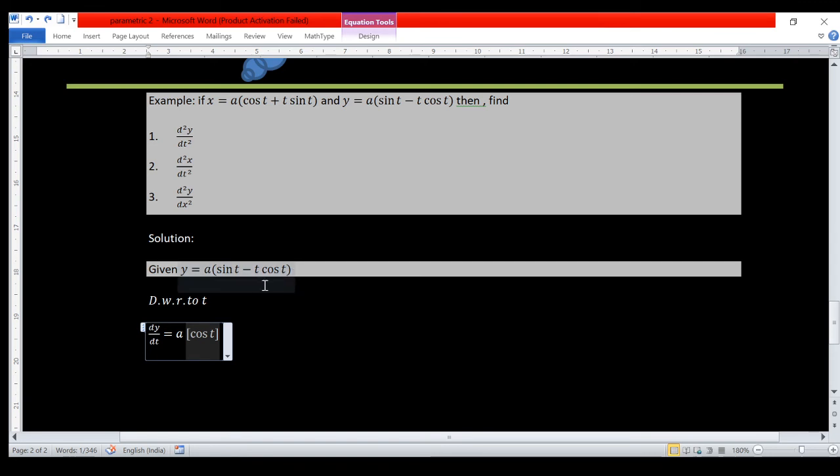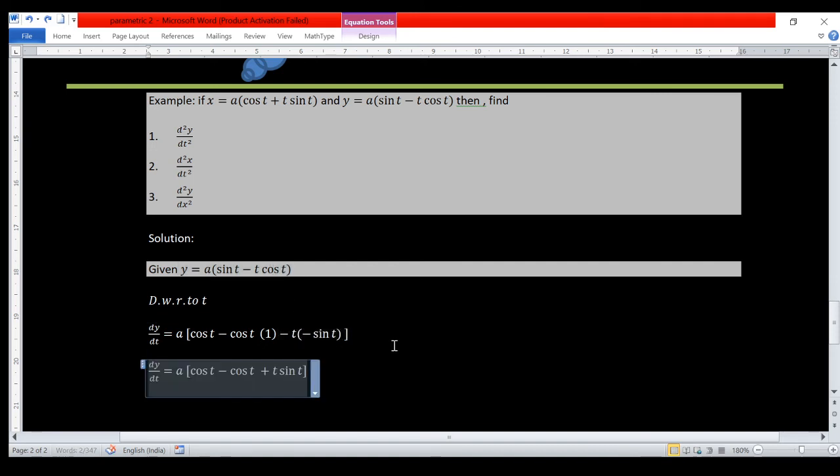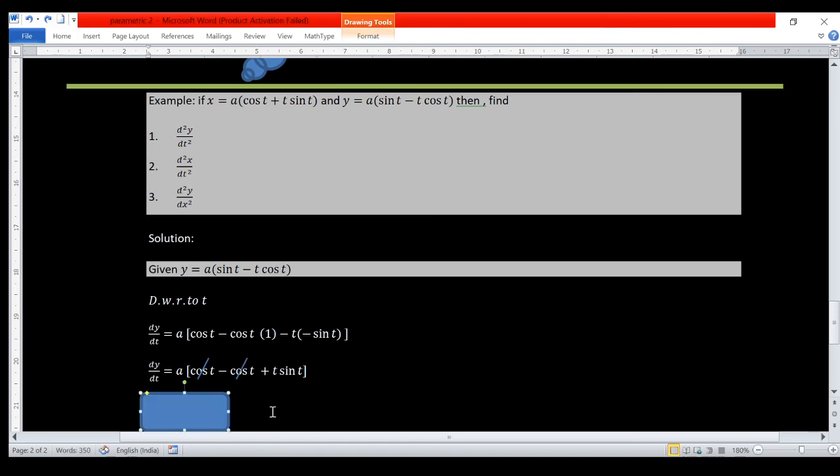So first keep t, differentiate cos t, which is minus sin t, minus keep cos t and differentiate t, you get 1. So dy/dt is equal to a times (cos t − cos t + t sin t), because minus times minus is plus t sin t. You can see that plus cos t minus cos t cancel. So the simplest form of dy/dt becomes a t sin t.